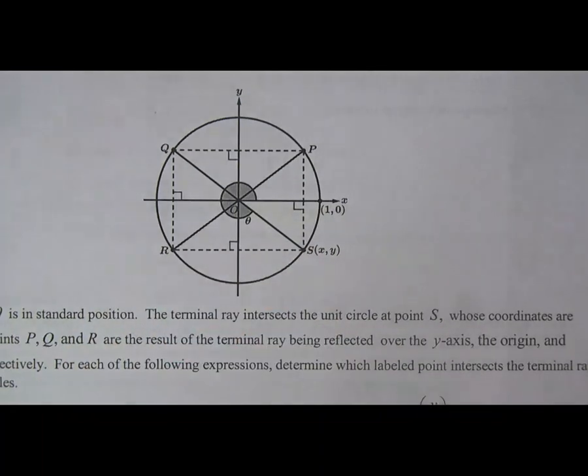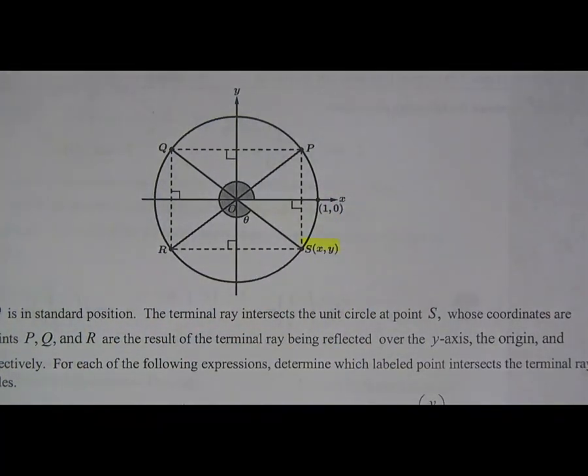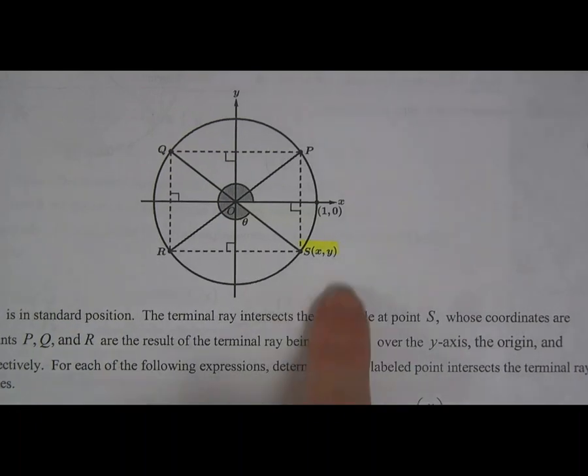We're going to tackle it the same exact way, but look what they did. They labeled point S this time. It does not matter how they label a point. They labeled point S x comma y, and that's not a typo. So how would I label point P in relation to that?